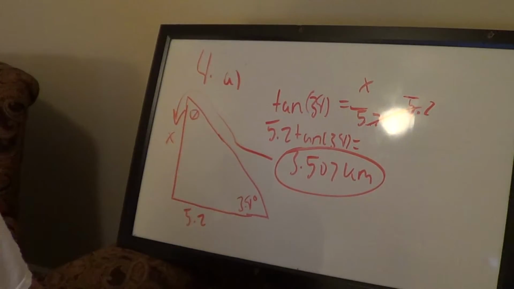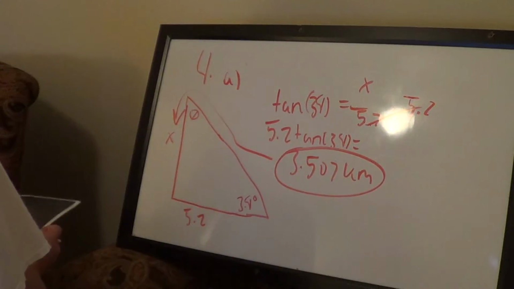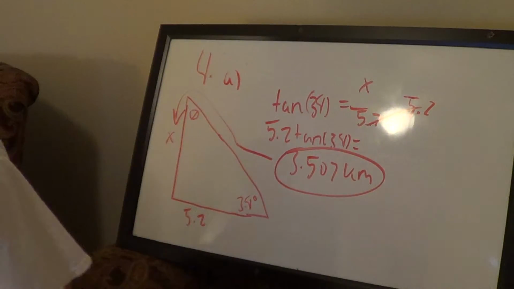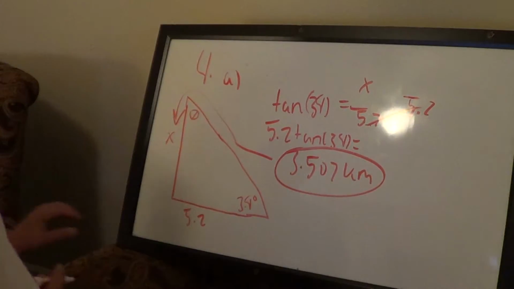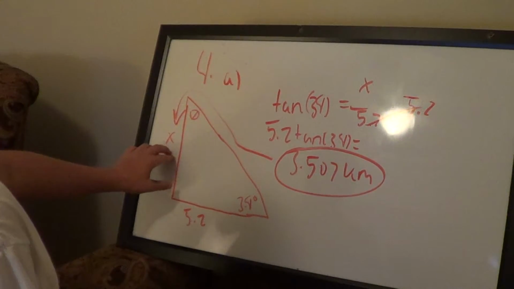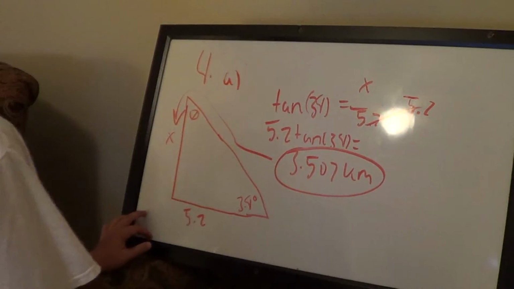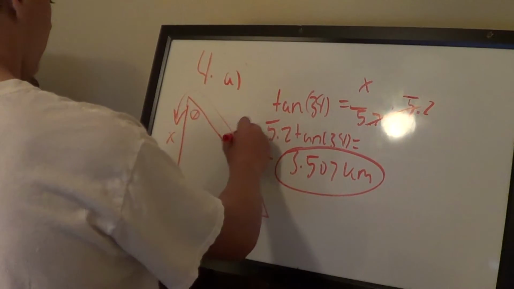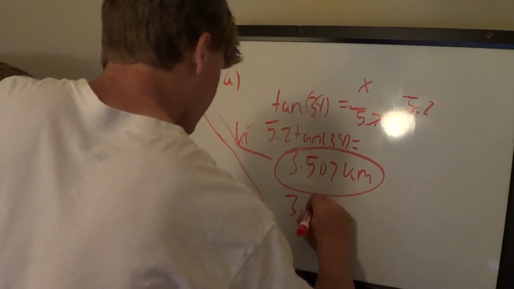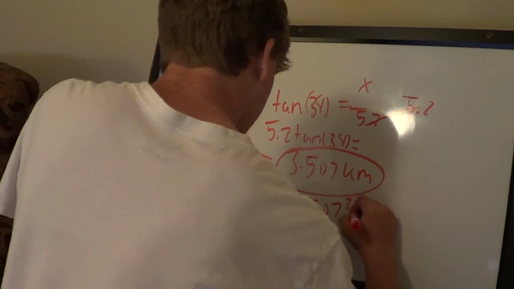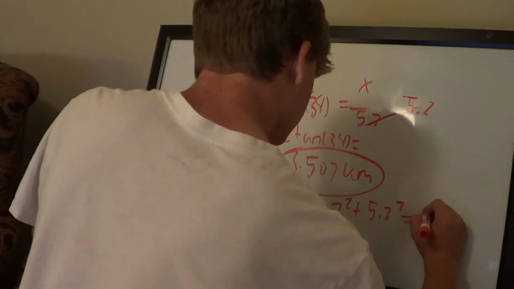Question B asks, how far is the missile? Alright, so in order to find how far the missile is, we now know that this is 3.507, so we're trying to find this now, the hypotenuse, that we label h. So we take 3.507 squared plus 5.2 squared equals c squared.